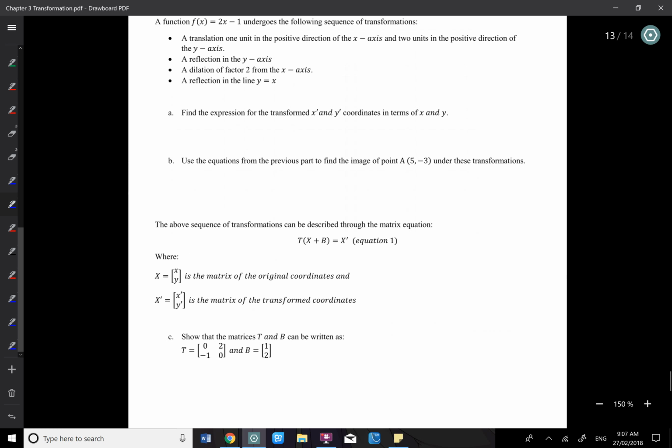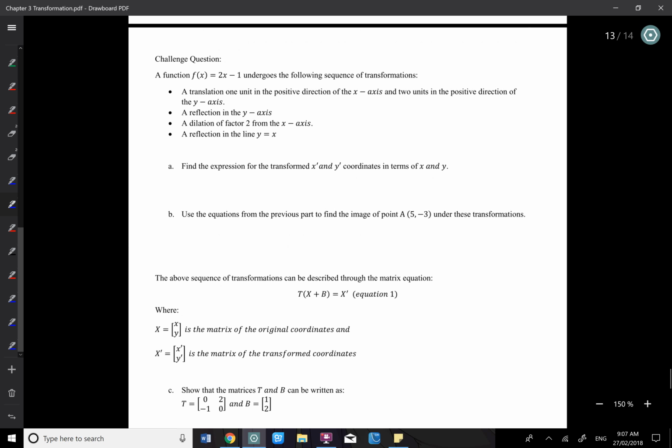It's very easy for tomorrow's lesson, but this challenging question here is quite good. It helps you work on the matrix and get a clear idea of how matrix works. So I want you to try this question before I start. You have about 30 minutes today, and you can use some of the time tomorrow as well when I finish the previous 2 pages. And then we can go through that in the Friday class.